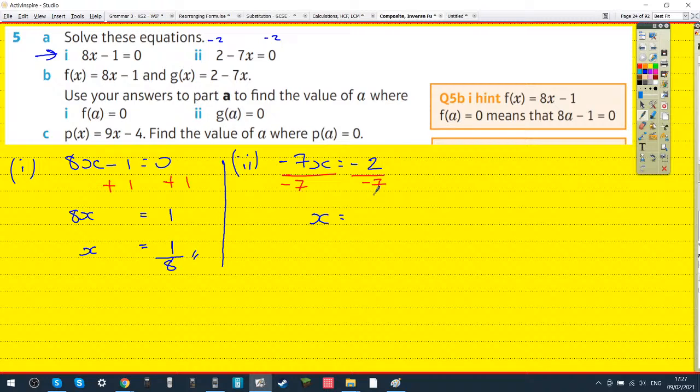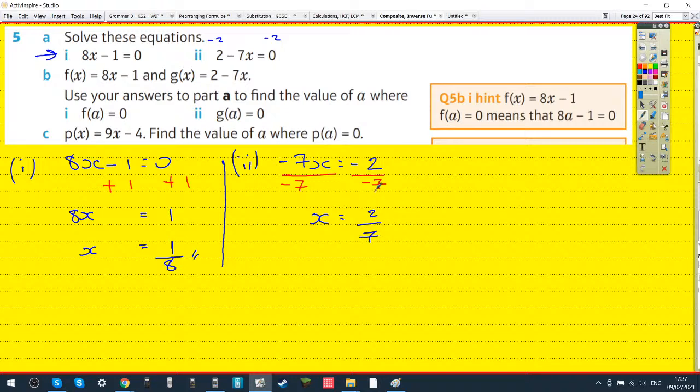Can you make it simpler? Minus divided by minus? Plus. Turns into a plus. So it would be positive, just 2 over 7.